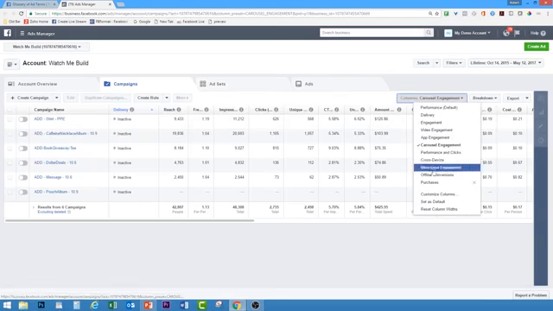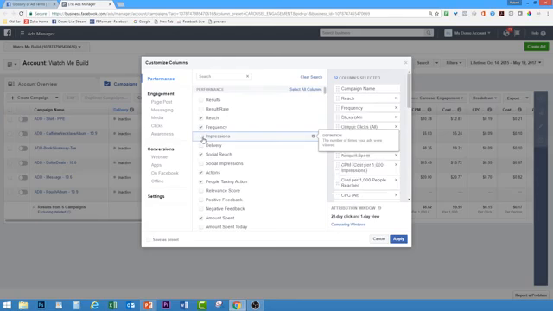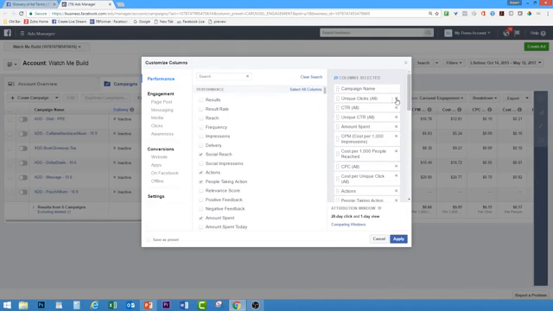The way you do it is you come over here and you click Customize Columns. And it brings up this window that allows you to check all of the columns that you want. You just find the item that you want and then you just check it, uncheck the ones you don't want. Or you could just X out the ones you don't want over here on the right.